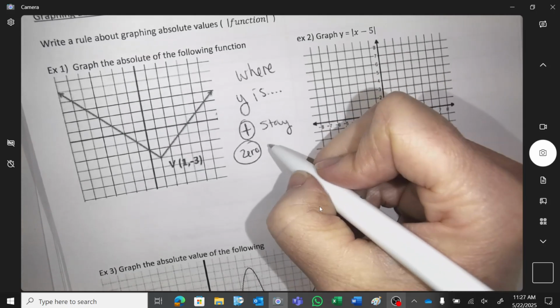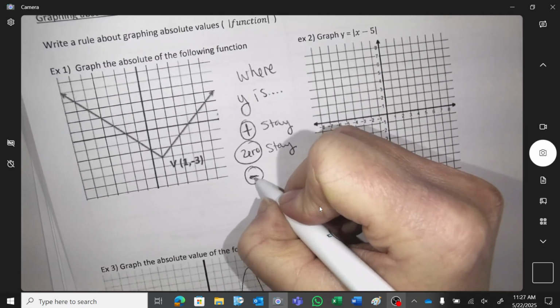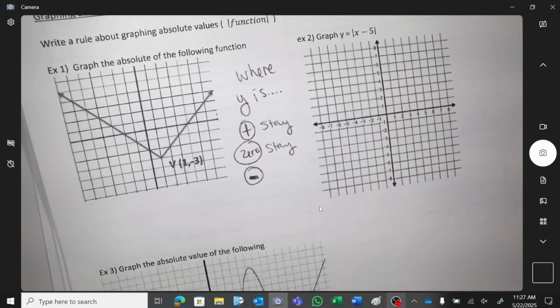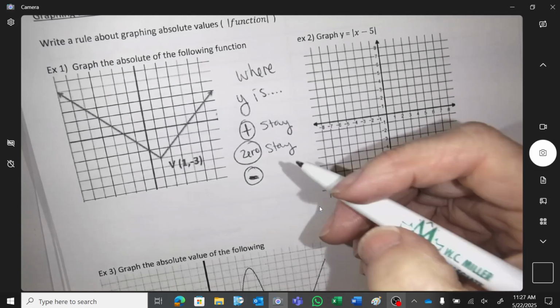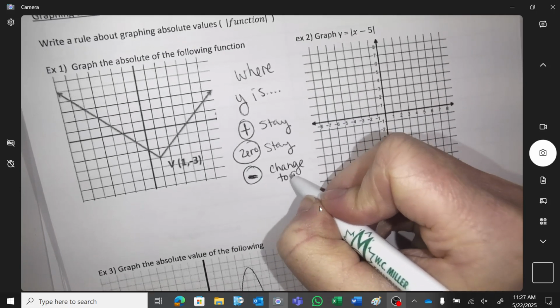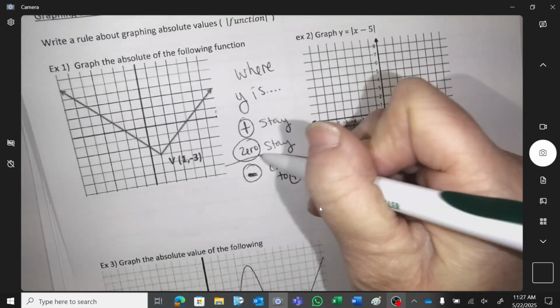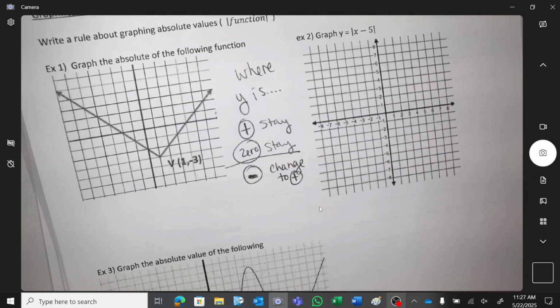Yeah. So it should just stay. What about negative values? Can you have a distance of -5? Nope. So what am I going to do to the negative? I'm going to change it to +5. Okay, so positive and 0 stay put, but negative can't be a distance, so you got to change it.